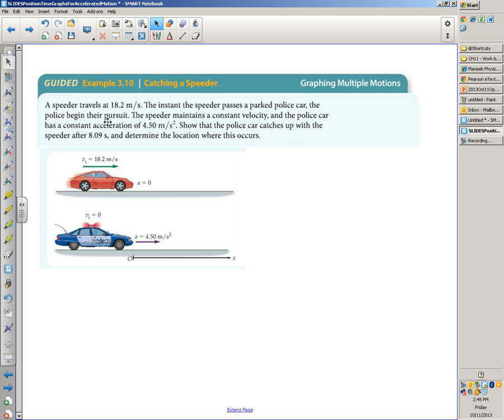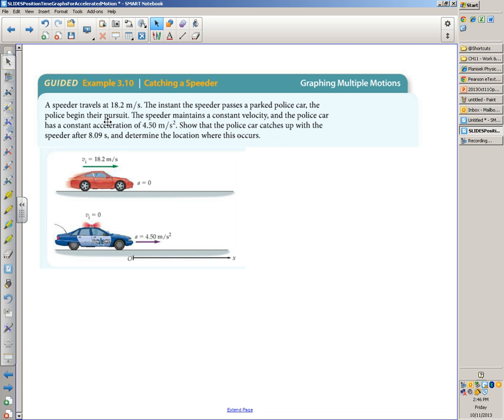The speeder maintains a constant velocity, and the police car has an acceleration of 4.50 meters per second squared. So the question asks us to show that the police car catches up with the speeder after 8.09 seconds, and to determine the location where this occurs.